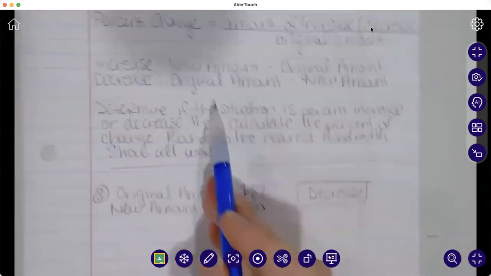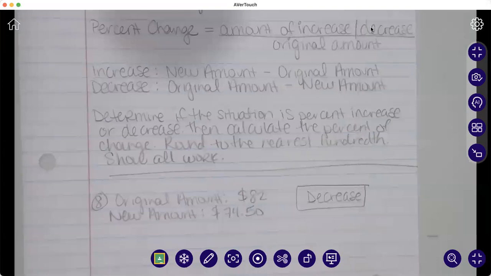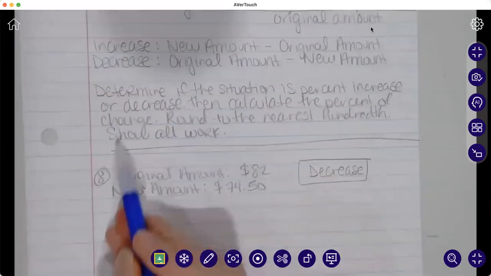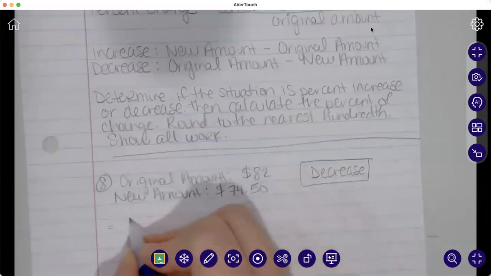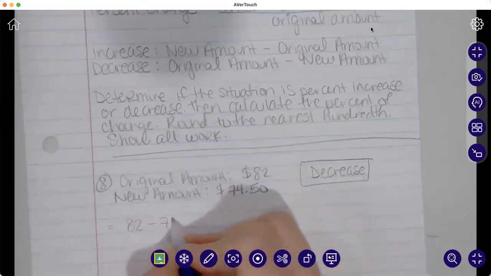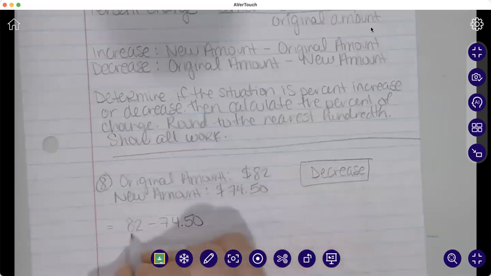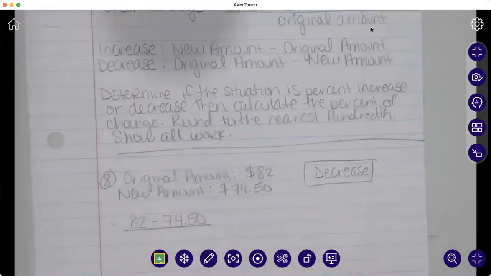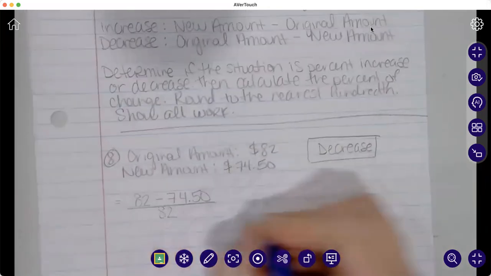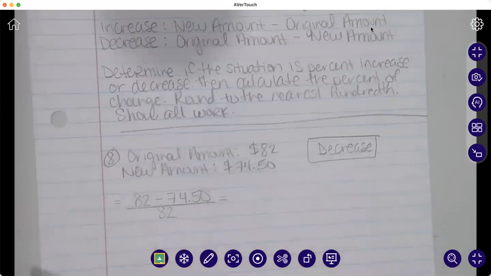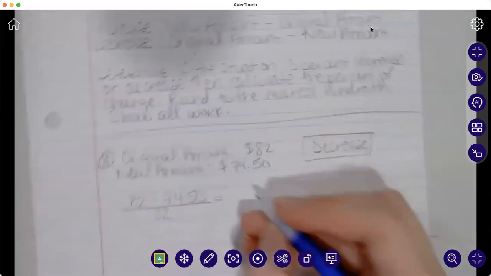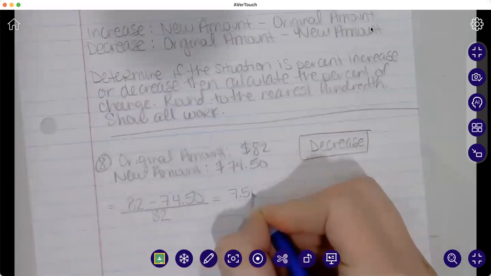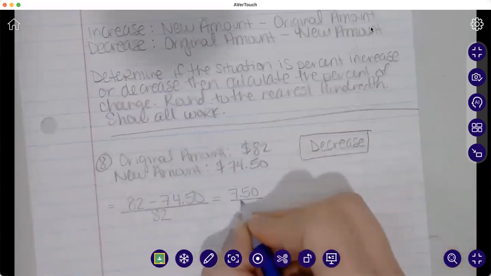So then following the pattern, we're going to figure out how much was decreased. To figure that out, we're going to take the original and minus the new. So we have 82 and we're going to subtract 74.50. Once we do that, we're always going to divide by the original amount. So I'm going to divide by 82 once I find that value. So 82 minus 74.50 leaves me with $7.50. And I'm going to divide that by 82.